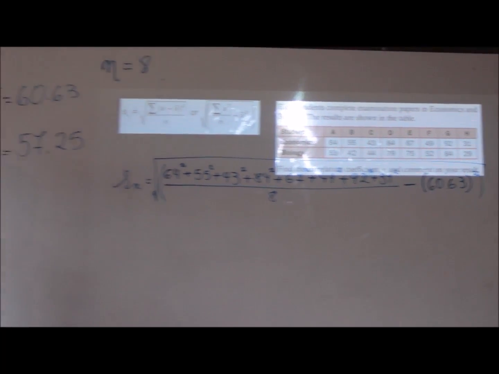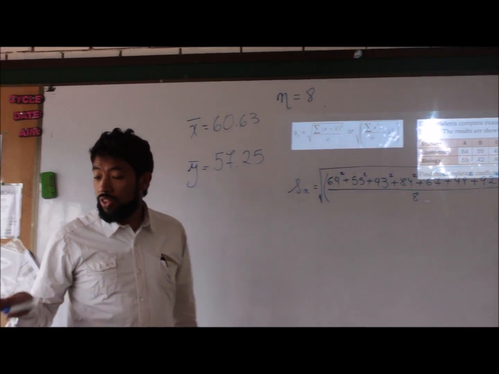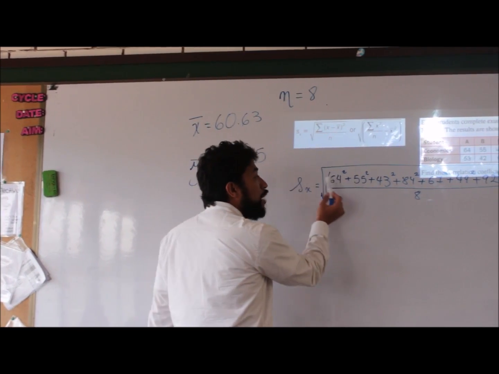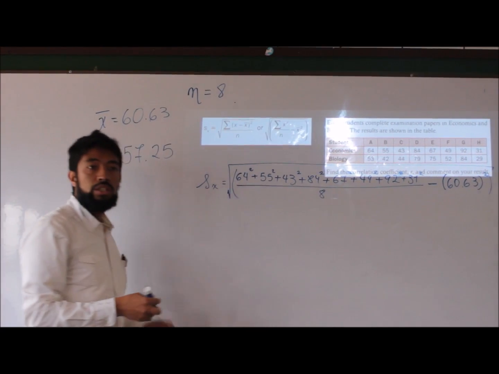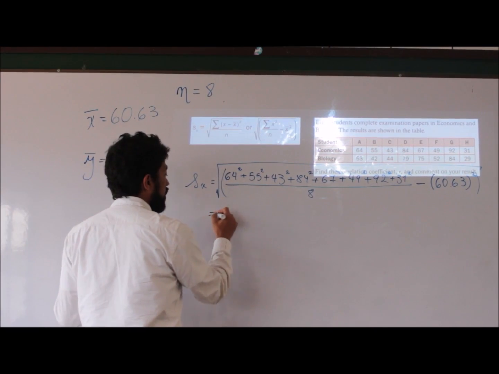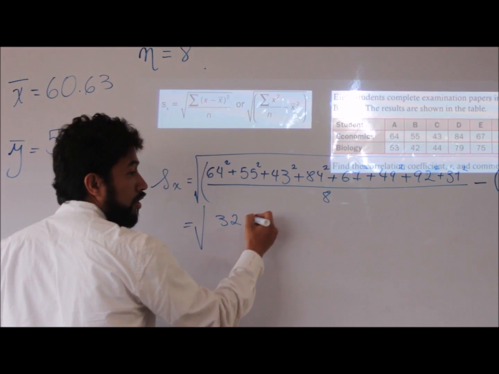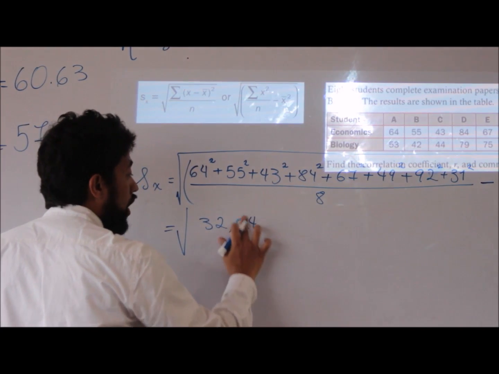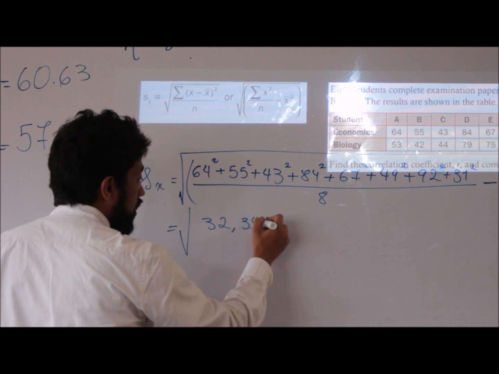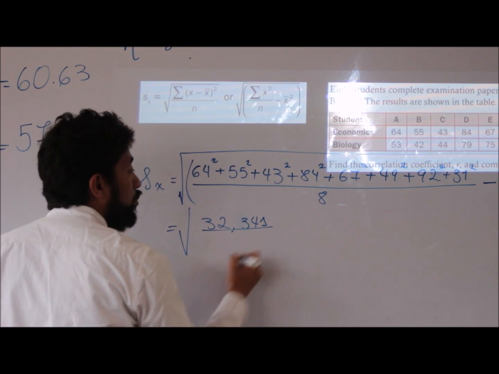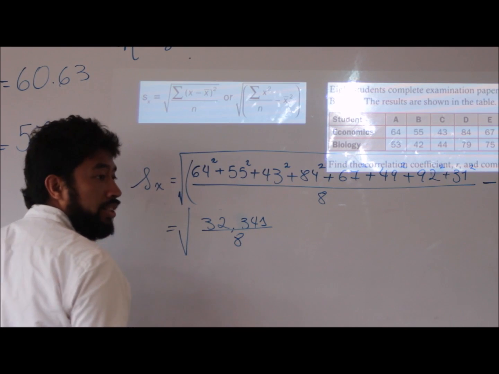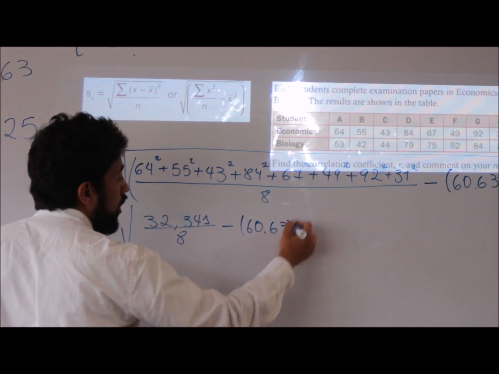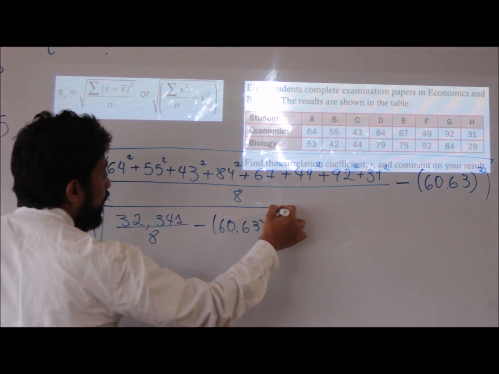Now, as you have been doing this simultaneously in your calculators, what is the sum of the x squared? 32,341. Okay. Divided by 8, minus 60.63 to the second power.